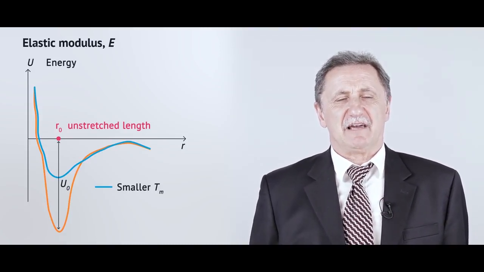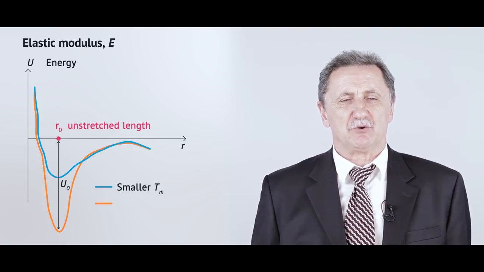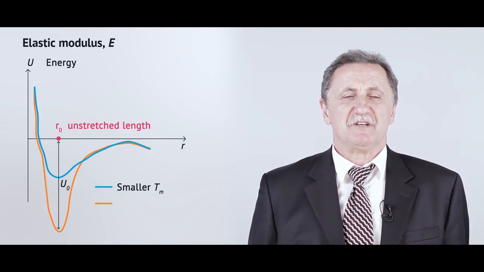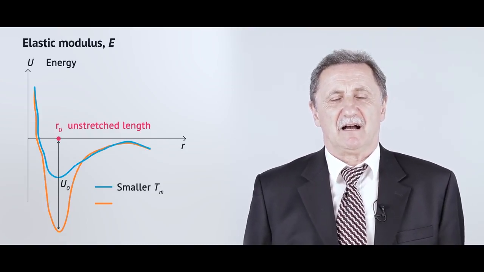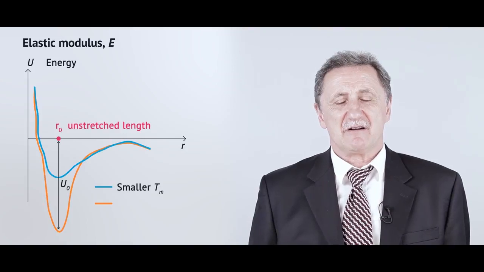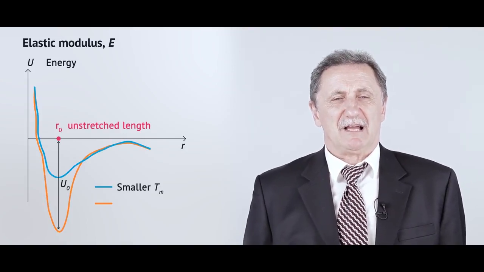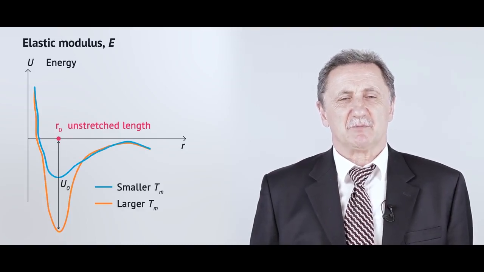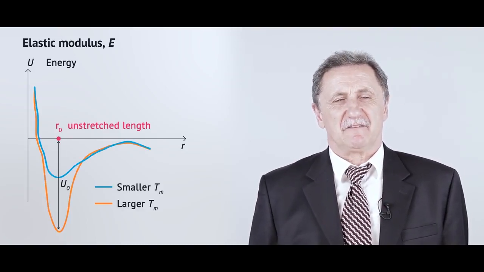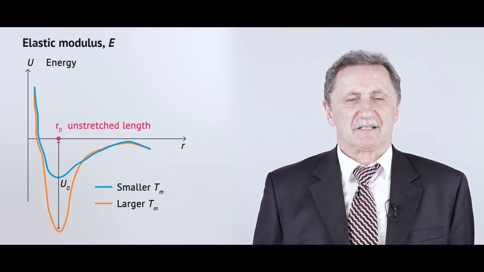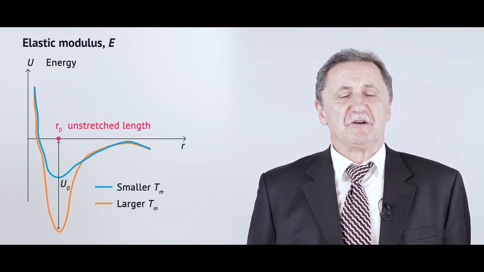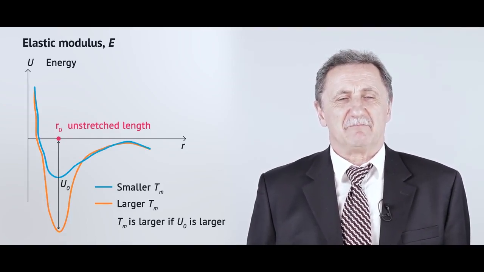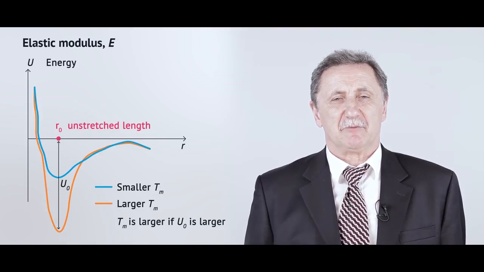Of course, having higher U0, higher bonding energy, it's much more difficult to make the crystal vibrate with the higher frequency. So bottom line is, without any additional detailed analysis, we can conclude that if the atomic potential has the larger, deeper energy, then we have material with the highest melting point.